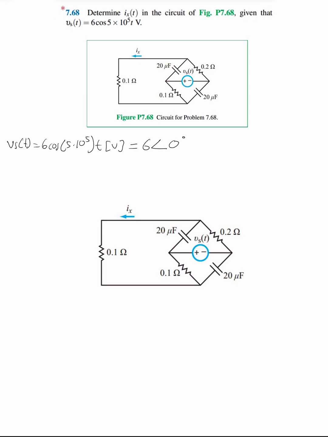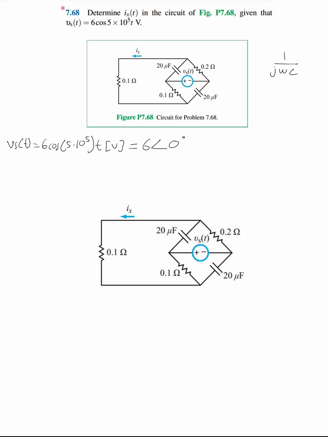The next thing is we have to convert these capacitors. We have to find the impedance of this. So how to do that is this equation, 1 over jwC. w is going to be this number right here, 5 times 10 to the 5th.